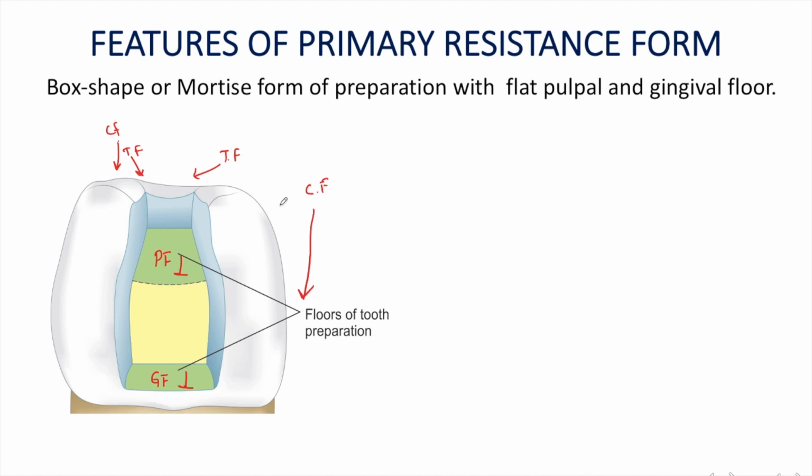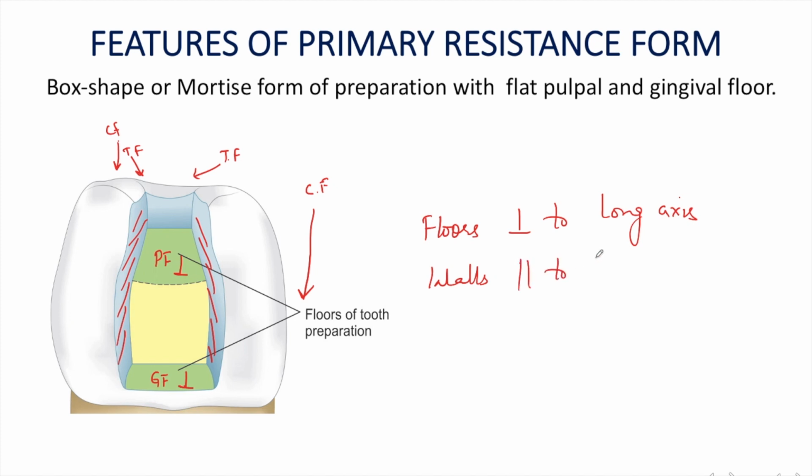And to resist the shearing or tensile forces, the walls of the preparation should be made parallel to the shearing forces so as to reduce the effect of these forces. Thus, a box-shaped cavity with flat floors and parallel walls helps in minimizing the stresses acting on the tooth and the restoration, and thereby it increases the primary resistance form of the tooth.